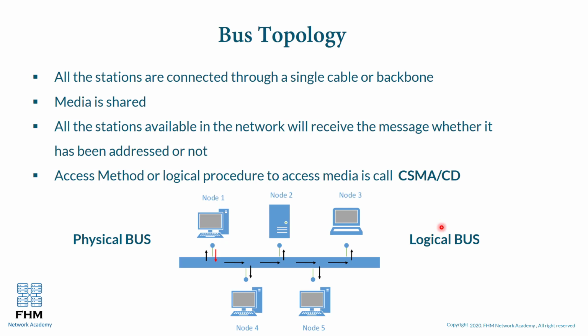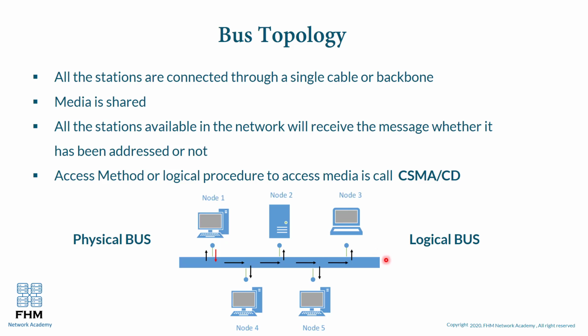The bus topology is designed in such a way that all the stations are connected through a single cable known as a backbone cable. Each node is either connected to the backbone cable by a drop cable or directly connected to the backbone cable. When a node wants to send a message over the network, it puts the message over the shared media. All the stations available in the network will receive the message whether it has been addressed to them or not.